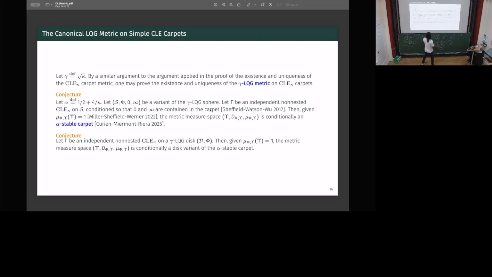In the LQG disk, basically. In their paper, actually, they construct something with the topology of the sphere. So if you consider the sphere case, you can also do things like this.